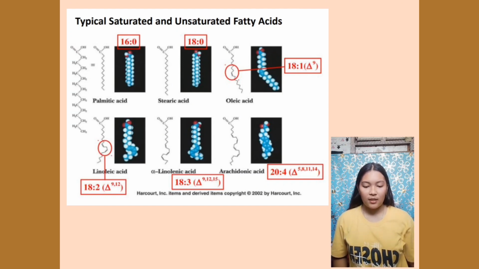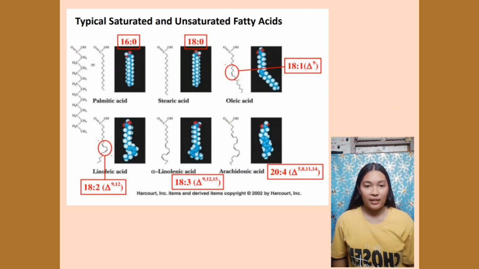As we can see here, the saturated fatty acids are palmitic acid, stearic acid, and oleic acid. And then the unsaturated fatty acids are linoleic acid, linolenic acid, and arachidonic acid.